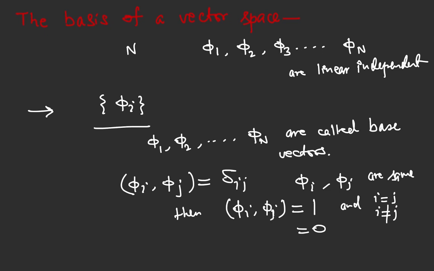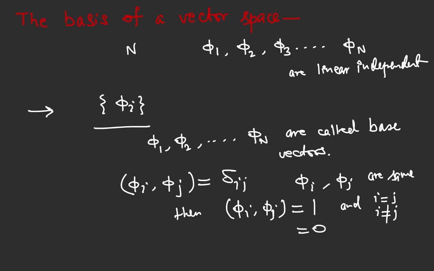The basis is said to be orthonormal if it consists of a set of orthonormal vectors. The basis is said to be complete if it spans the entire space. That is, there is no need to introduce any additional base vectors. In that case, the basis will be said to be complete.